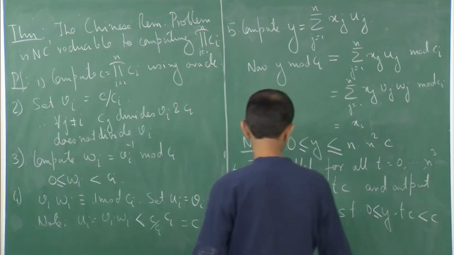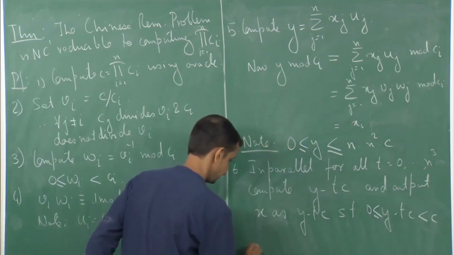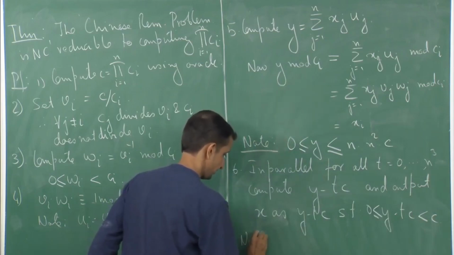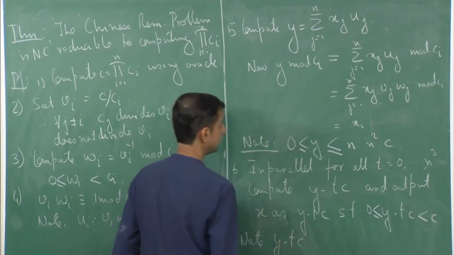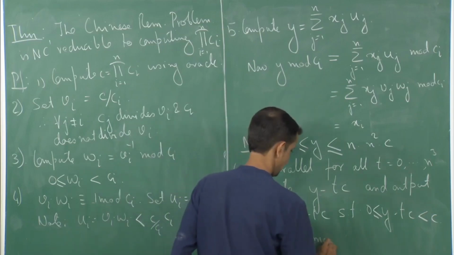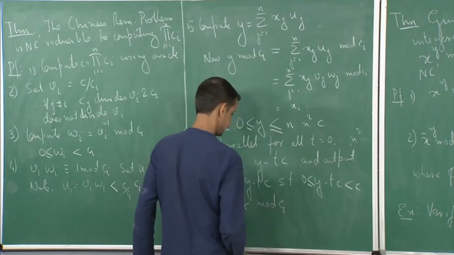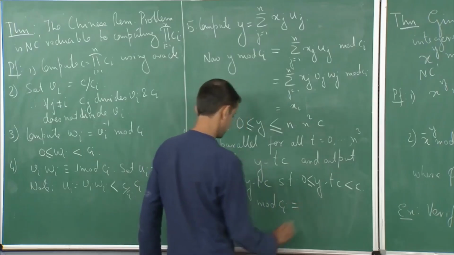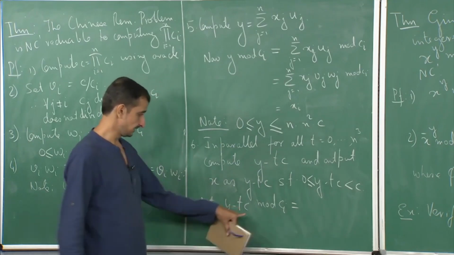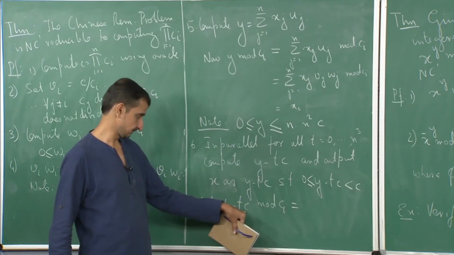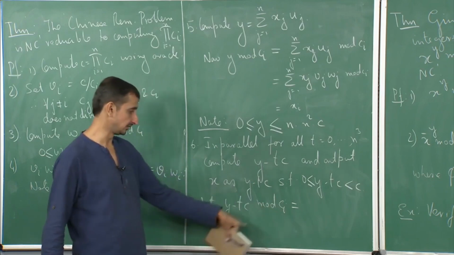So why is this? Maybe I can just write this over here. So again, note y minus tc, if I do mod ci, what is this equal to? Product of c is basically the product of all the ci's.